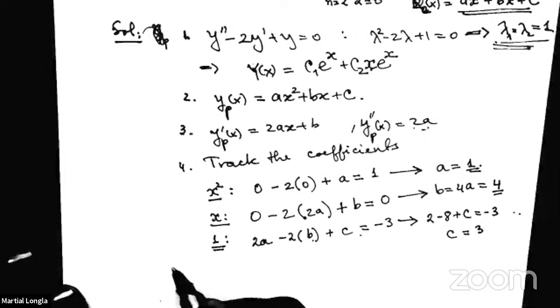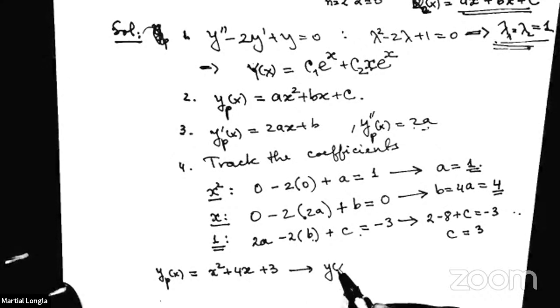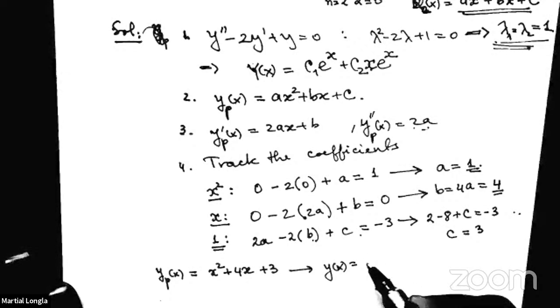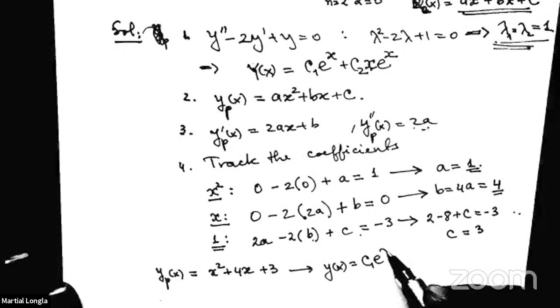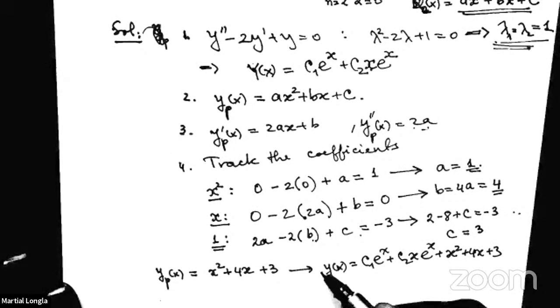With this, we got yp of x equals x squared plus 4x plus 3, which leads to the general solution of the problem, equals the solution of the homogeneous, C1 e to the x plus C2 x e to the x, plus x squared plus 4x plus 3.